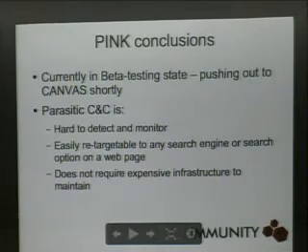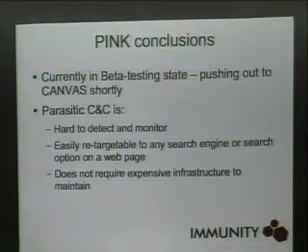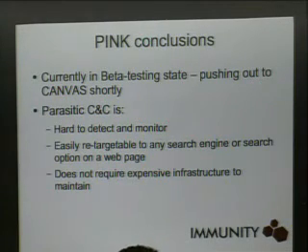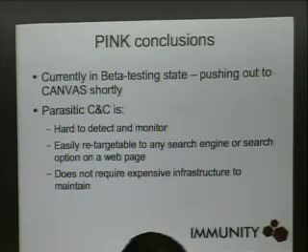So to conclude, what we did with ping is it's in beta state. It should be shipped out to the mainstream Canvas users in the next build, I believe in 3.0. What we're trying to achieve here is to look further into this whole area of offensive technologies and drone networks and see how far we can take it. It is going to be harder to detect these technologies.